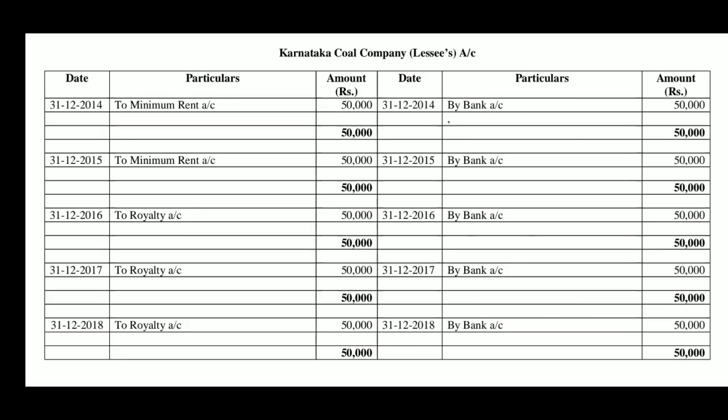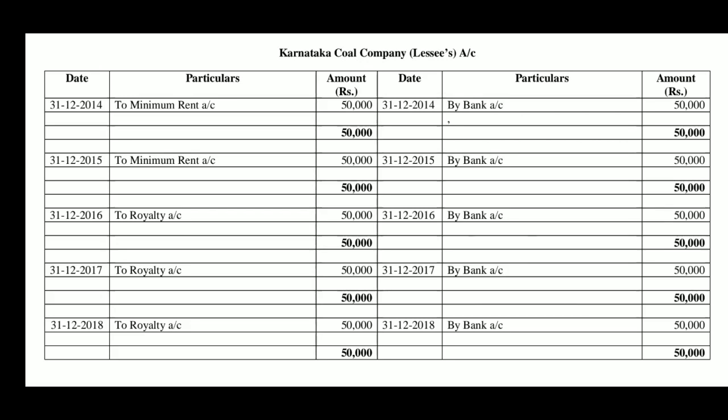Though royalty is 55,000, 5,000 surplus royalty has been utilized for the purpose of recoupment. Remember, though in the journal both the alternatives, that is two entries or combined entry, are shown there, while making posting, combined entry has been posted to the relevant account. So, out of 55,000, 5,000 was utilized for the purpose of recoupment.